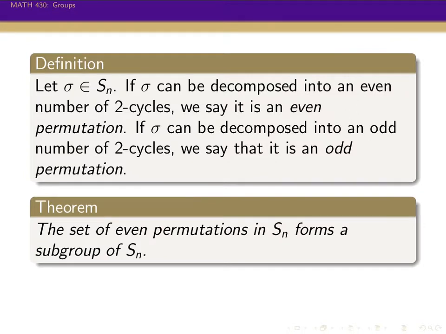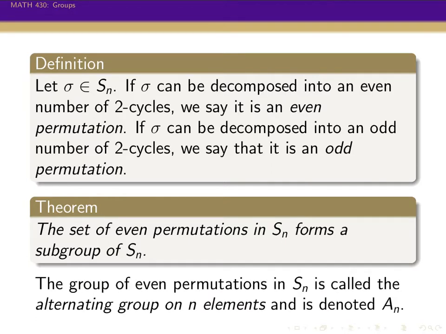So what's the importance of this? Well, in the symmetric group, Sn, the subset of even permutations, this includes the identity, and any other permutation that is decomposed into an even number of 2 cycles, they together are going to form a subgroup of Sn.